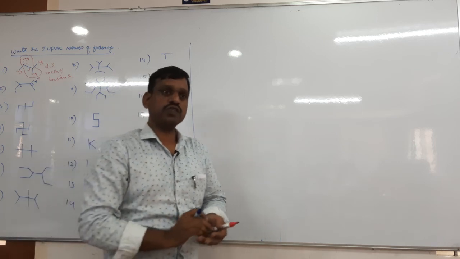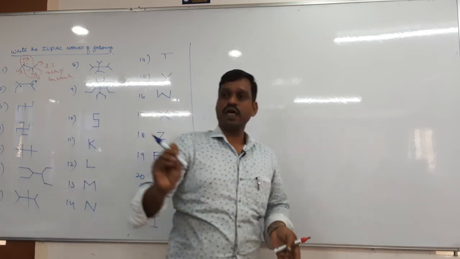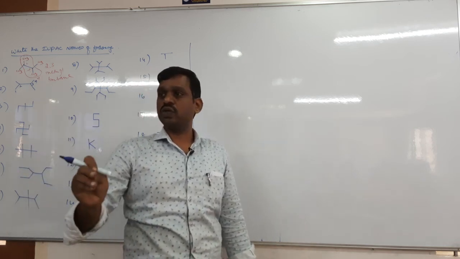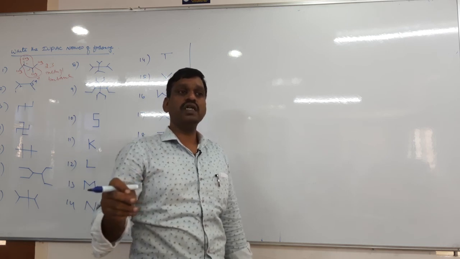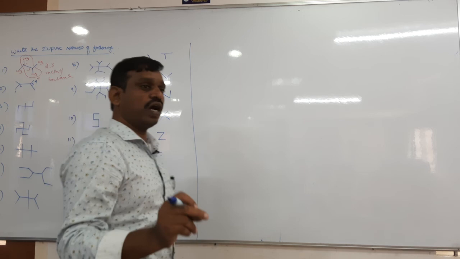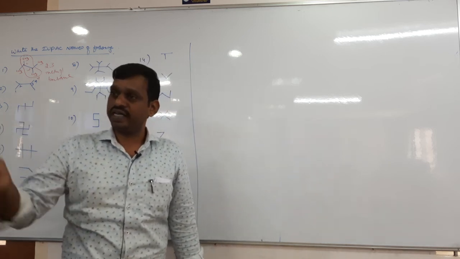Okay, now see, first one is, if the parent chain contains two or more identical simple substituents, then we use di, tri, tetra, penta, hexa, right?